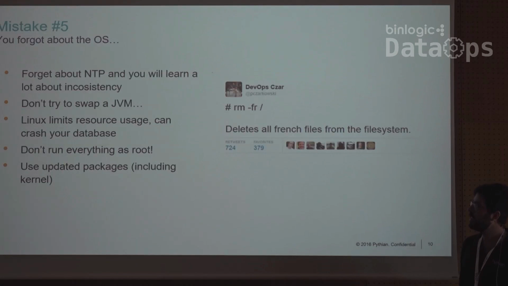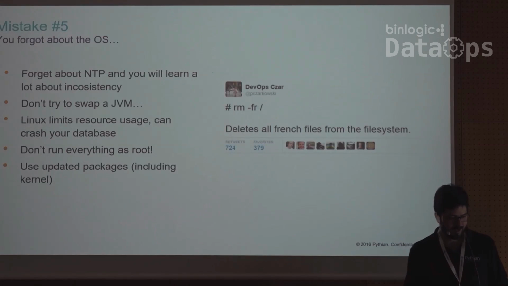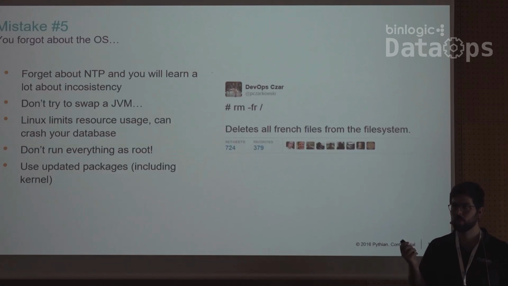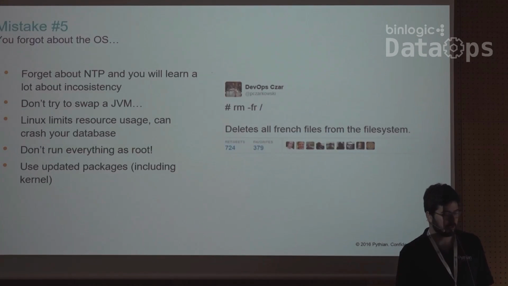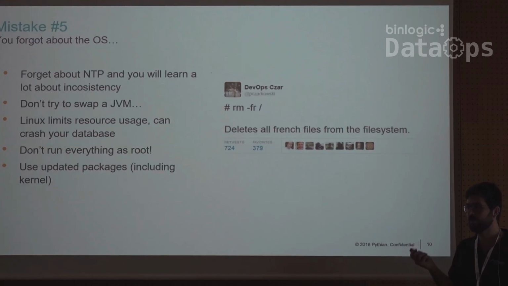Another mistake is we don't care about the operating system. We install Cassandra and we go. Cassandra is still a database, and it still needs to be taken care of. There are a lot of problems. One of the biggest problems in distributed systems is clocks.